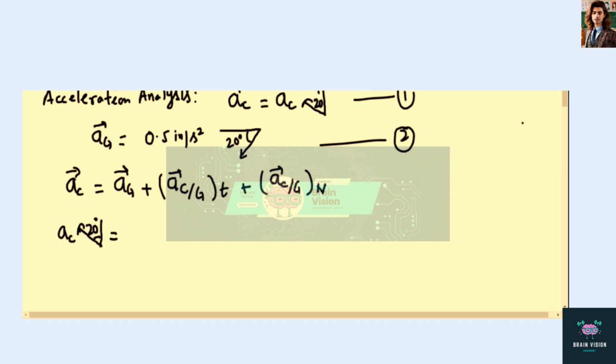The acceleration of G we have already written, 0.5 inch per second square in the direction 20 degree, plus the tangential acceleration, alpha into r, so 1.5 into alpha in this direction.